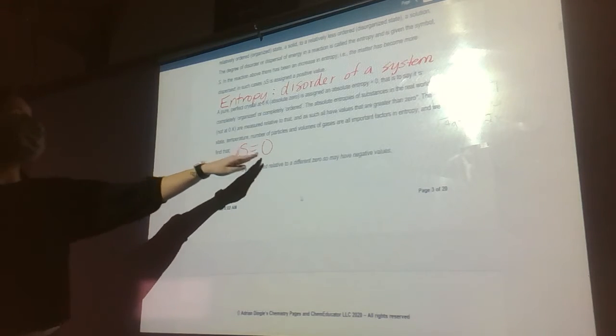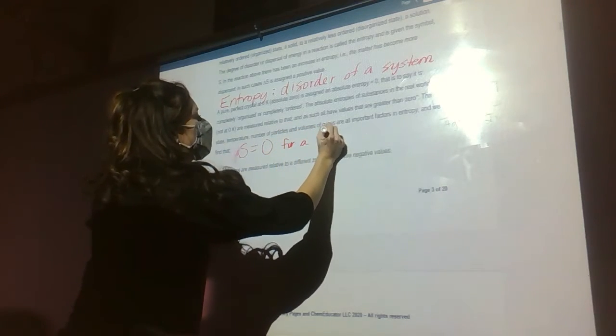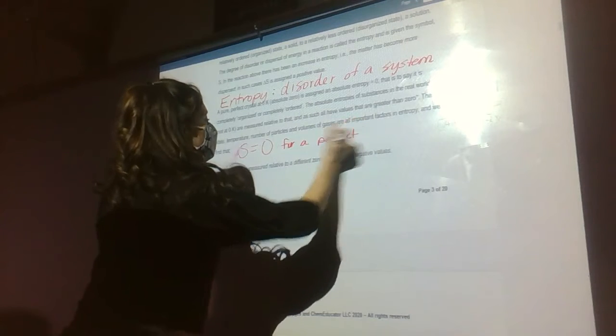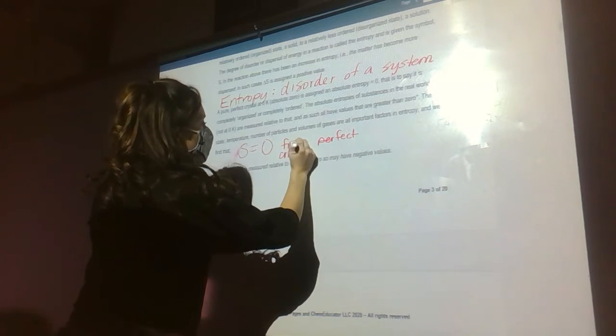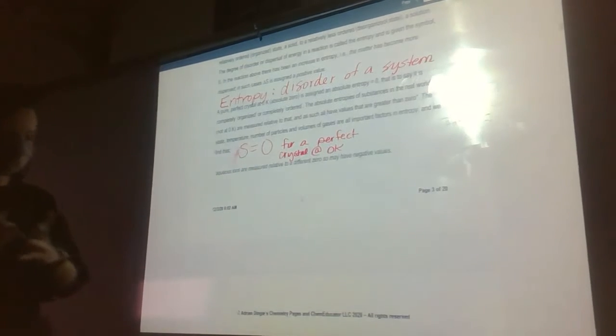But S equals 0 for a perfect crystal at 0 Kelvin. So again, this is very theoretical. It's not something that has ever happened because we've never gotten anything to 0 Kelvin. But they're trying to give this some type of meaning.